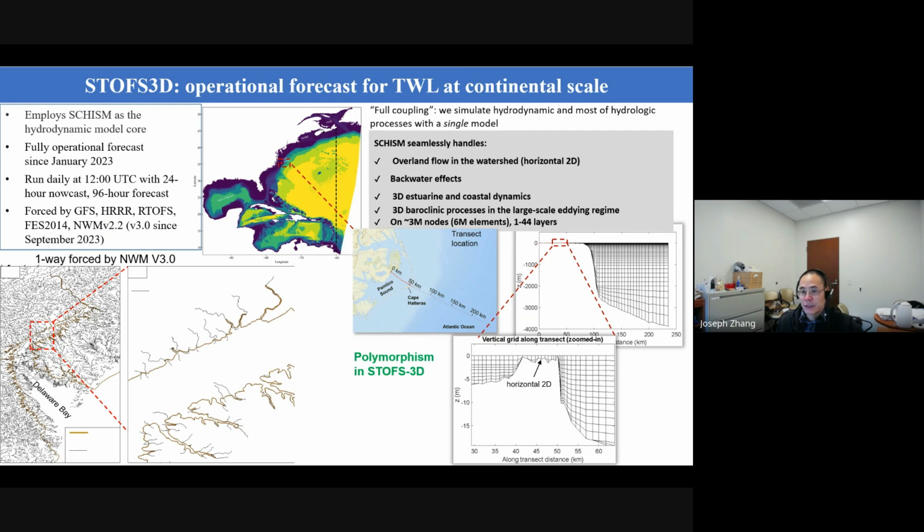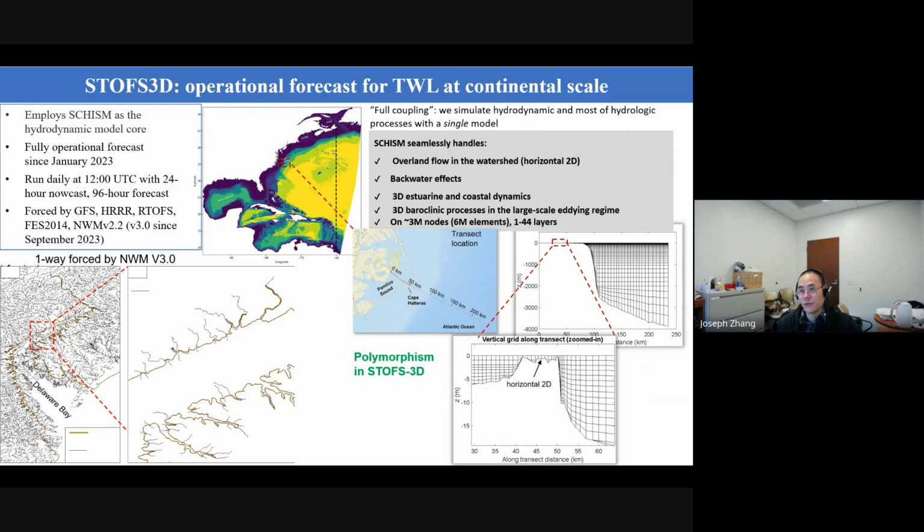The underlying engine is SCHISM. It's a 3D model, but it's not a traditional 3D model in the sense that it allows so-called polymorphism, right? The plots on the right show you the vertical structure of the grid. So you can have as many layers in the deep ocean as you want in order to actually resolve those large scale processes.